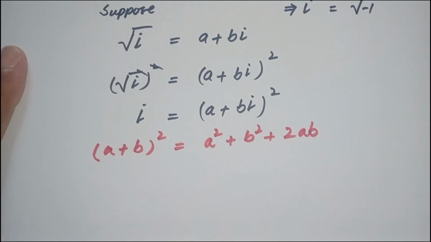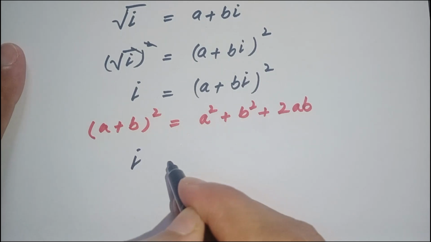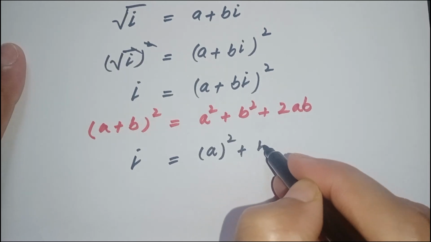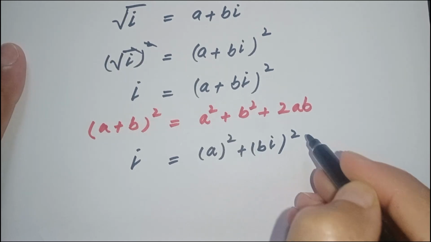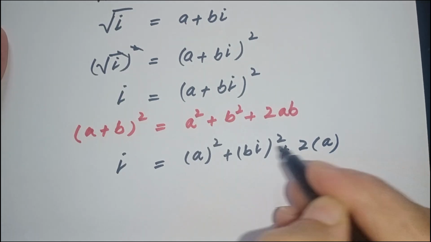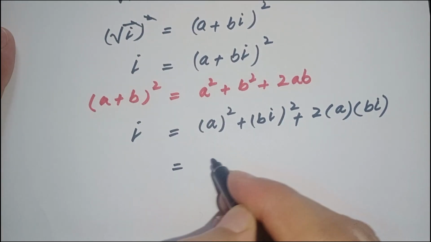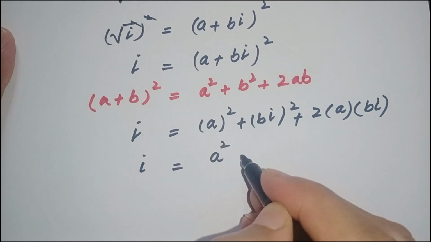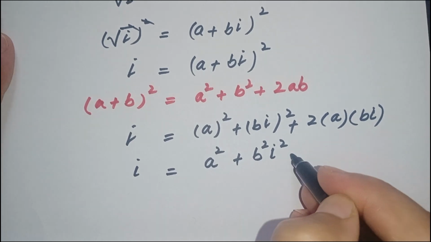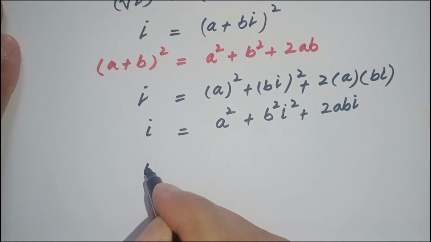Using this formula, we get i is equal to a squared plus b squared times i squared plus 2 times a times b times i.